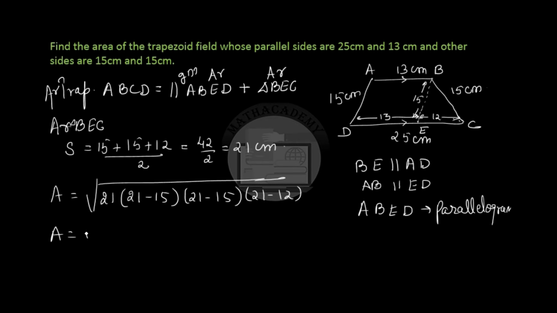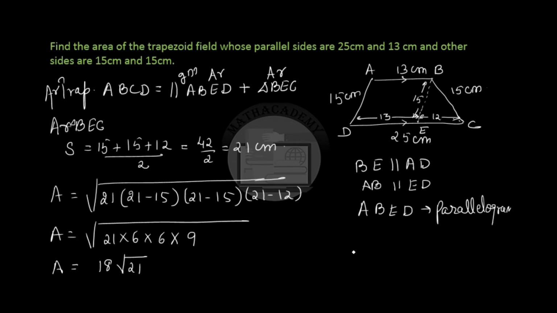So we get 21 times 6 times 6 times 9. Okay, so this is 18 square root of 21 on simplification, this much centimeter square. And this is the area of this triangle.